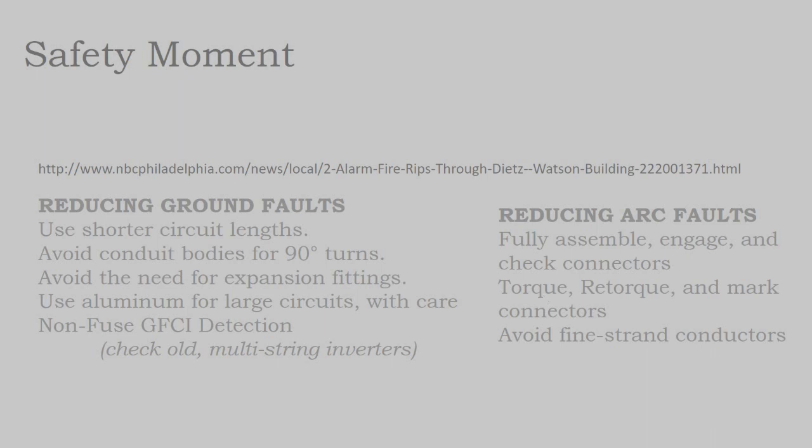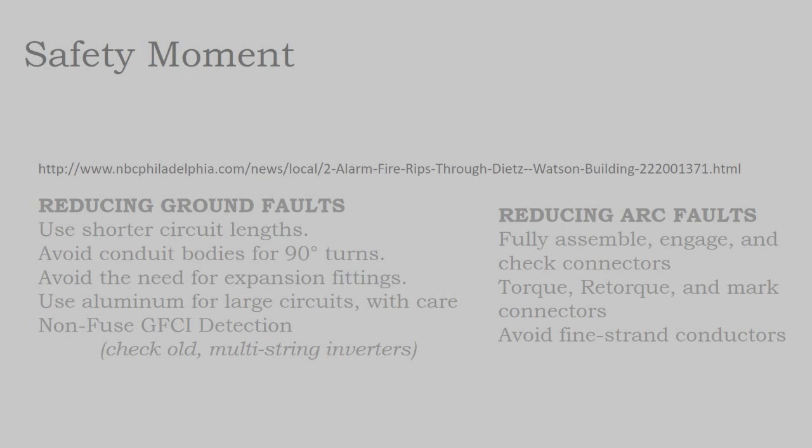So anyway, there's ways that we can reduce these ground faults. For ground faulting, generally you don't want to make your circuits unnecessarily long. To reduce ground faults, avoid anywhere your circuits can be dragging across a hard surface or against a surface that has a jagged edge on it, such as where a conduit meets another conduit.